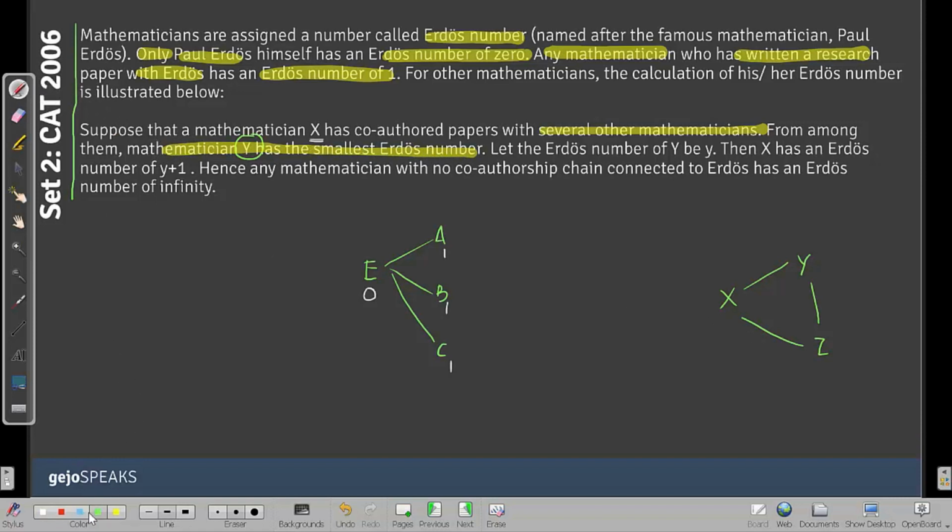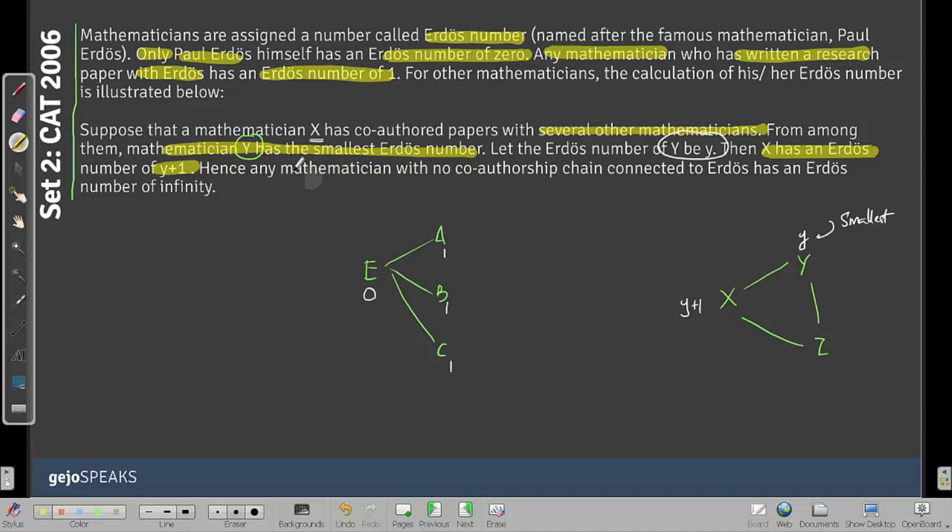So we have the information about the Erdos number of Y. Let's say Y has an Erdos number of y. Then X has an Erdos number y plus 1. That's how the chain works. If Y has an Erdos number of y, then X will have the Erdos number y plus 1. And mind you, this is the smallest.